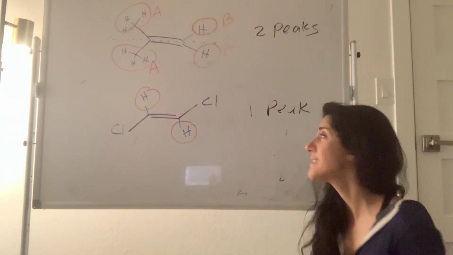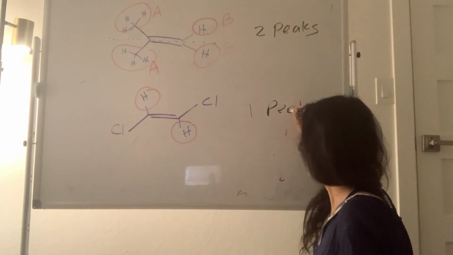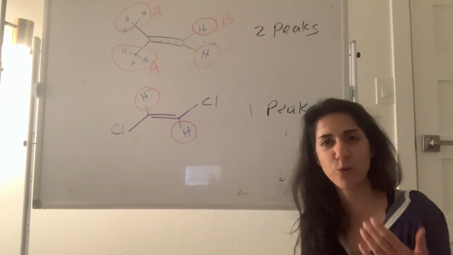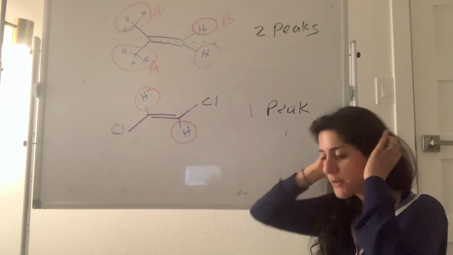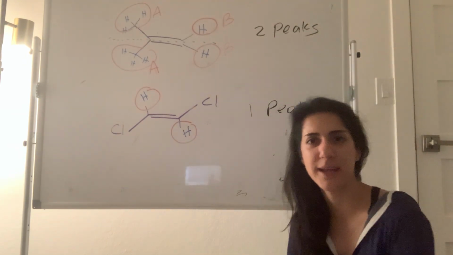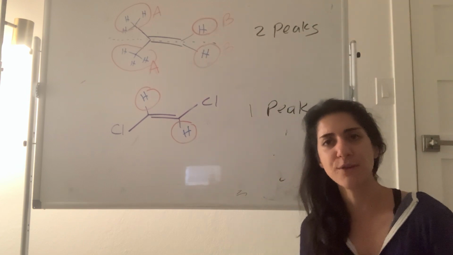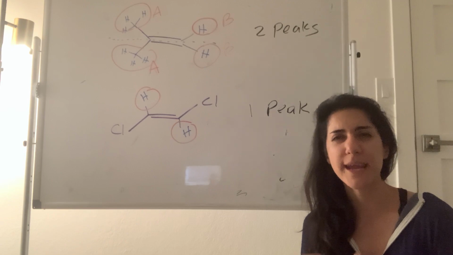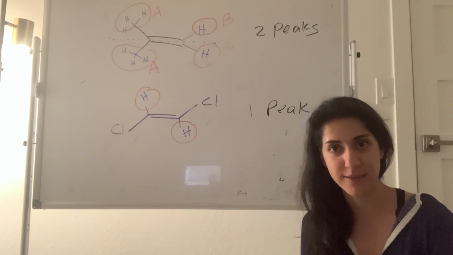Okay. This is just the start, okay? When we talk about the NMR, this is going to come back. I'm going to do more and more practice problems. But I needed you to notice this before we get into what NMR is and how to look at it. So NMR is going to give you a peak for each unique set of protons.